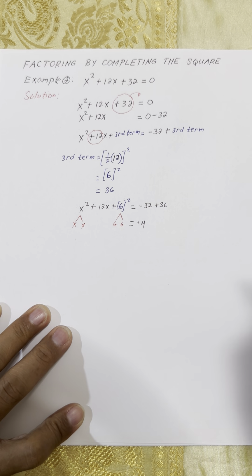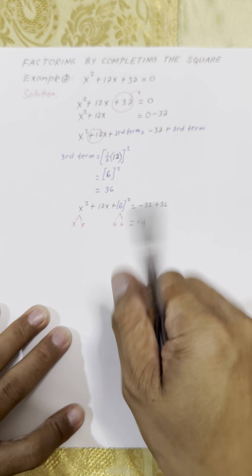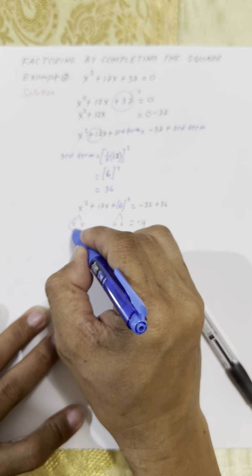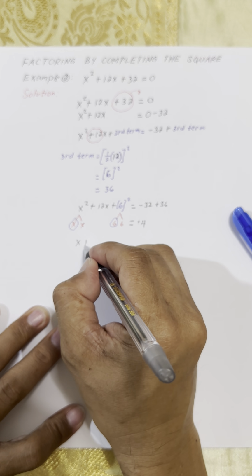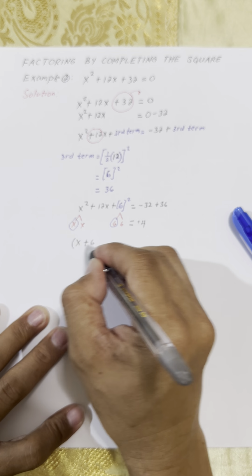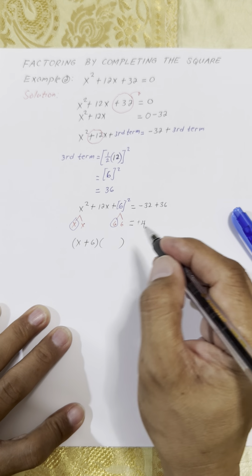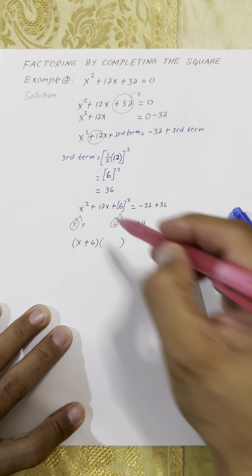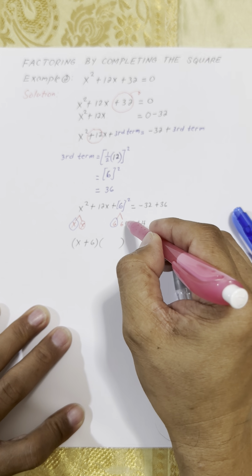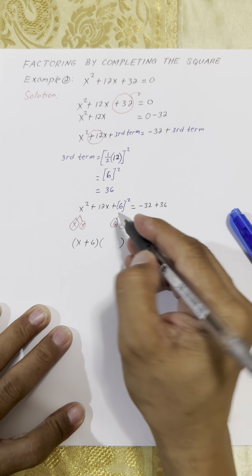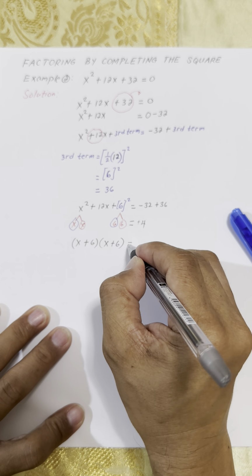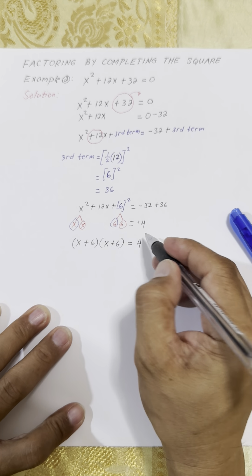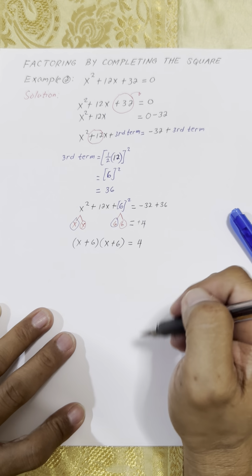Okay, so to find the factors on the left side, you just combine this first x and the first 6. So x plus 6. And then the next is also this x and this 6, so x plus 6, equal to 4. So we can omit the positive sign.